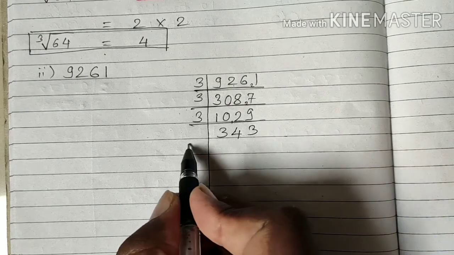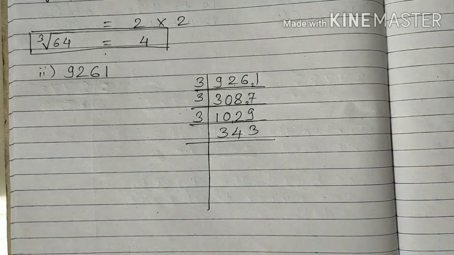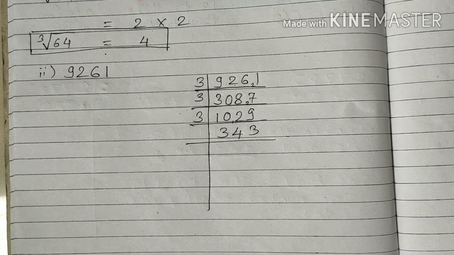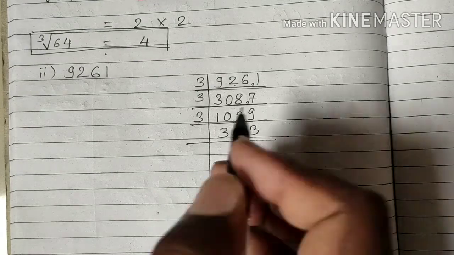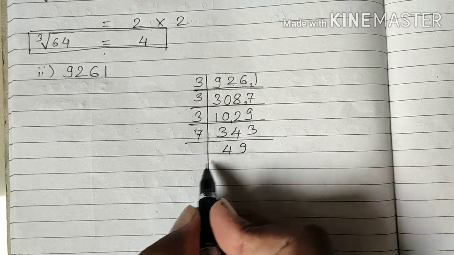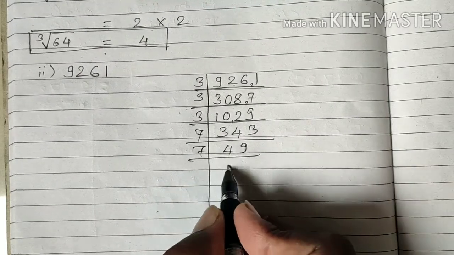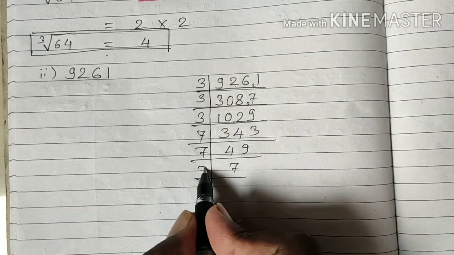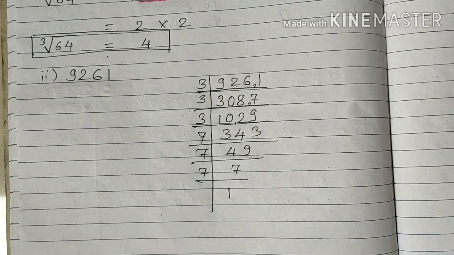And 3 3s are 9. 343. Now we know that 343 is a cube of 7. Right? So let us divide it by 7. It becomes 49. 7 7s are 49. And 7 1s are 7.